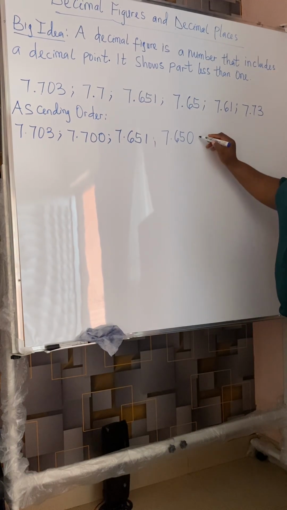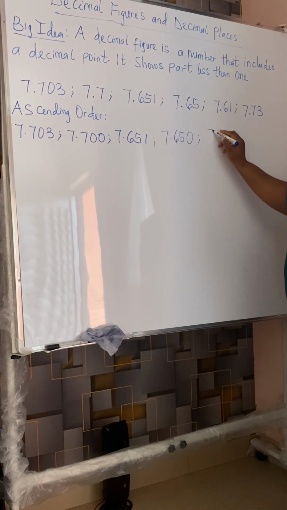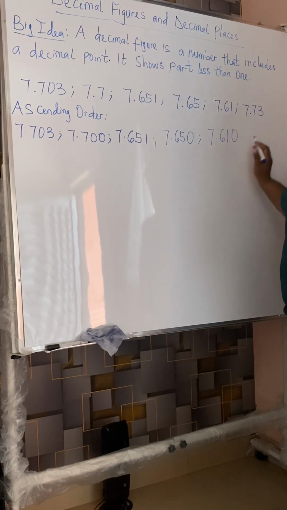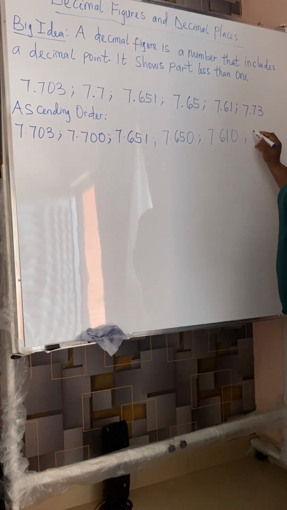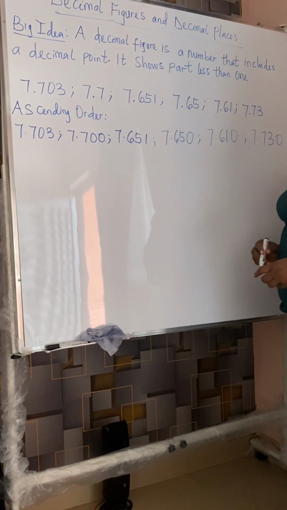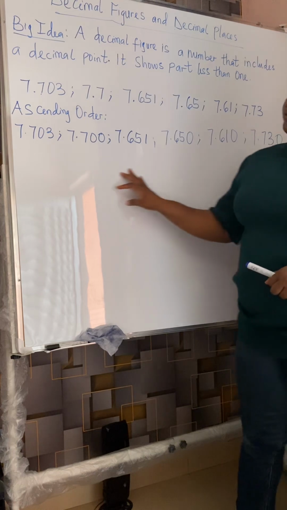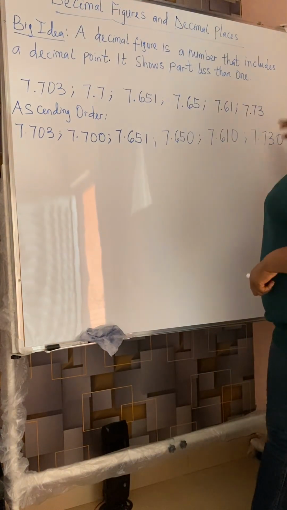Then this, I have 7.61. I'll just add 1 more 0, 3 decimal places, and I have 7.73 and 1 more 0. So I have made everything uniform. 3 decimal places for all.